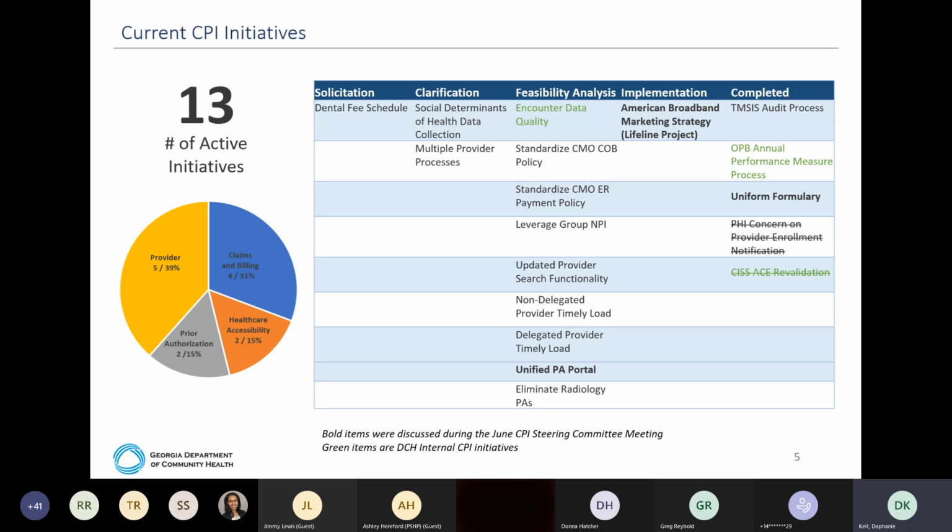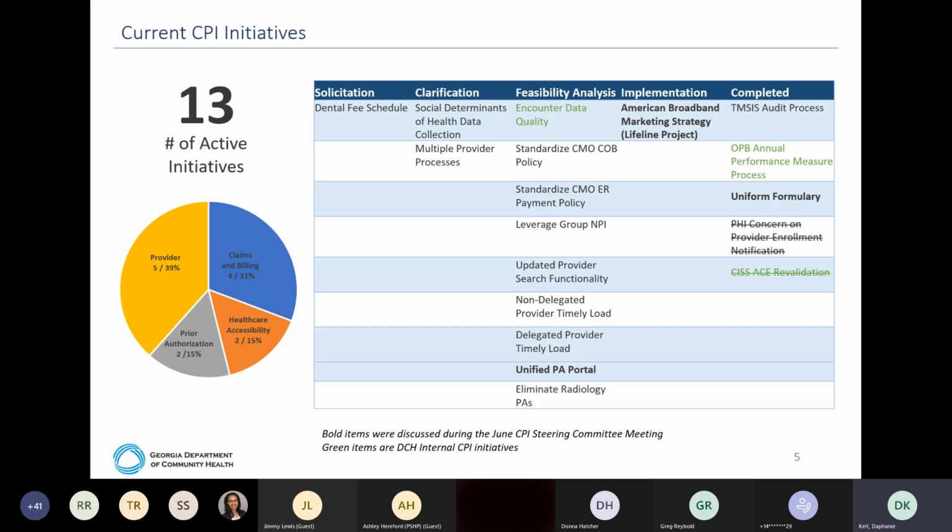This was out of a request from the prior authorization work group to look at either in total looking at our PDLs or for particular drug classes to uniform it across all the CMOs and fee-for-service.